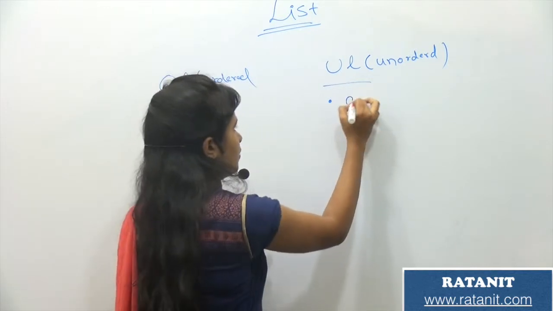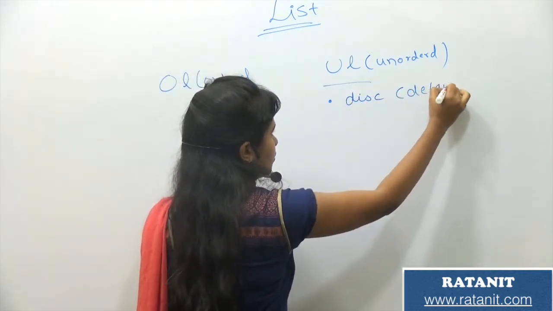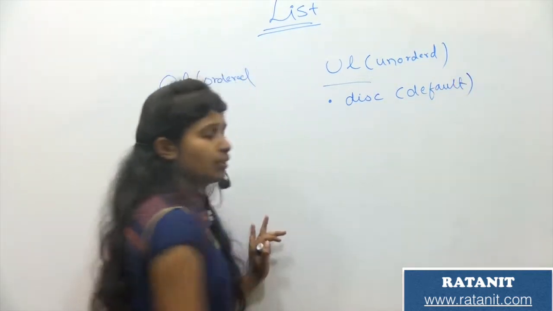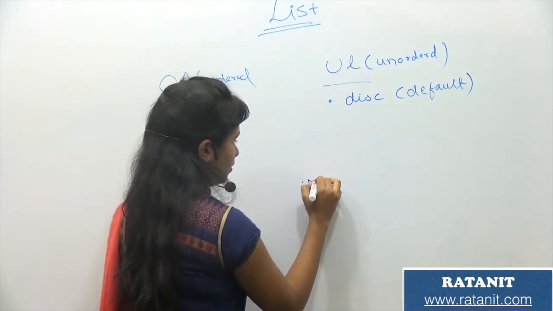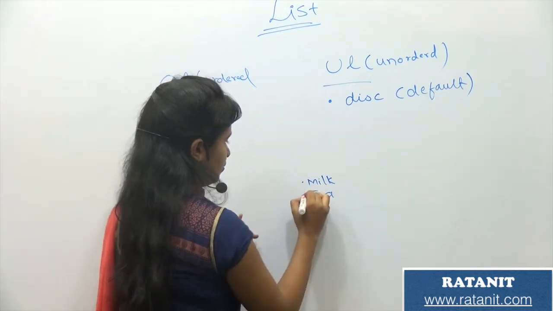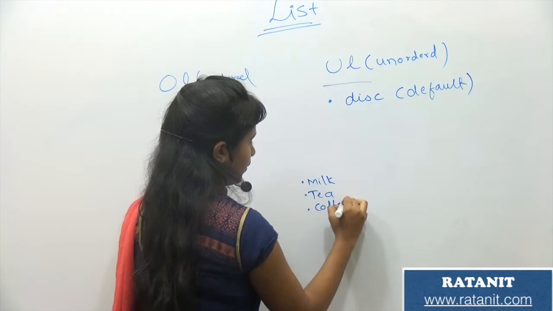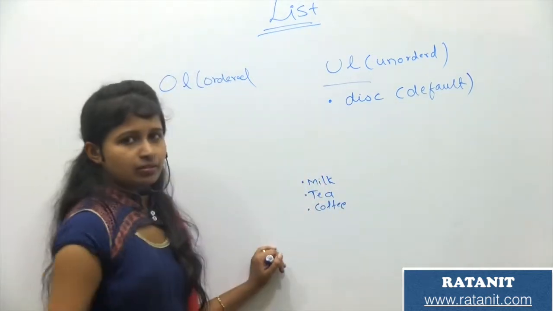the list will be displayed like this. This is the default. Let us suppose I am having milk, tea, coffee. In unordered list, the list will be displayed like this.